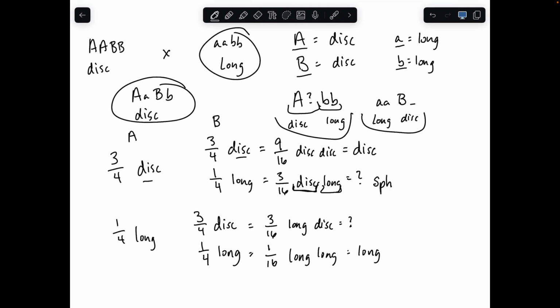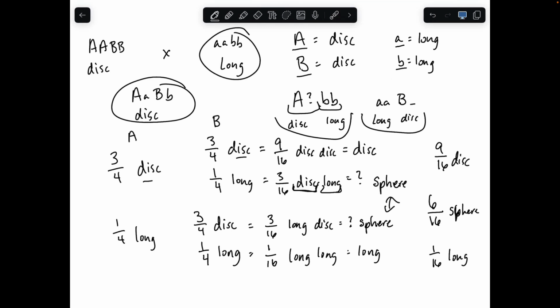And so these fruit end up being sphere-shaped. And so you actually end up with a 9:6, because you have to add up the two spheres, to 1 ratio of disc to sphere to long.